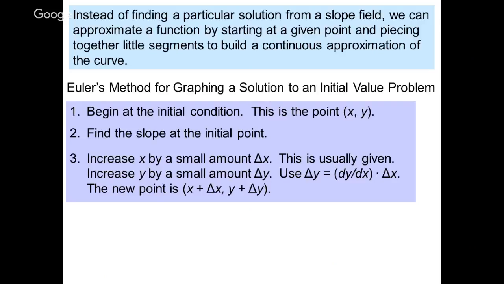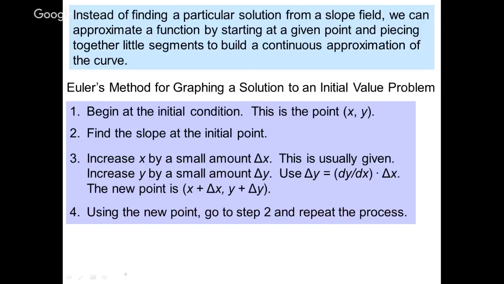The slope is dy/dx, so we multiply it by a dx, and that will give us a dy. It gives us a new point, which is x plus delta x and y plus delta y. So you're traveling along a little tangent line, and then however many iterations you want to do.